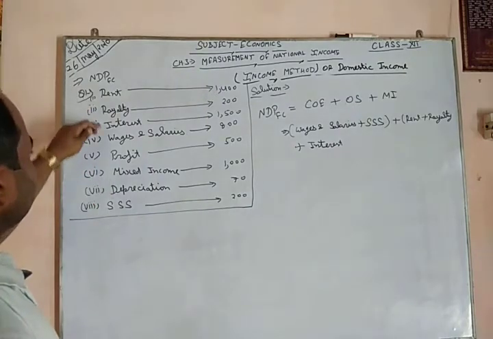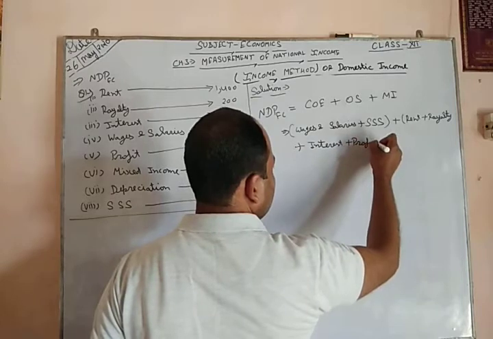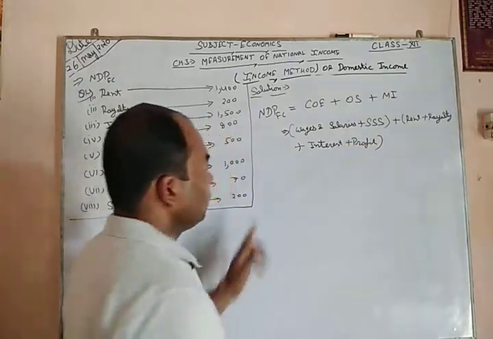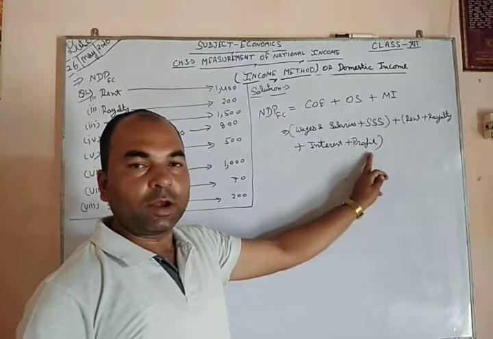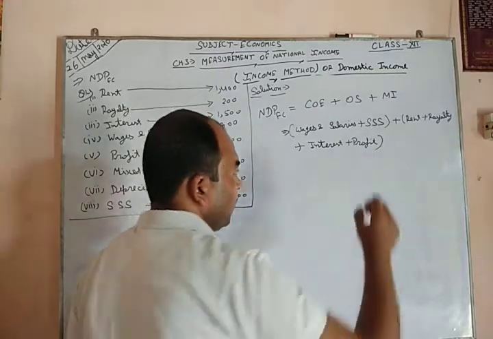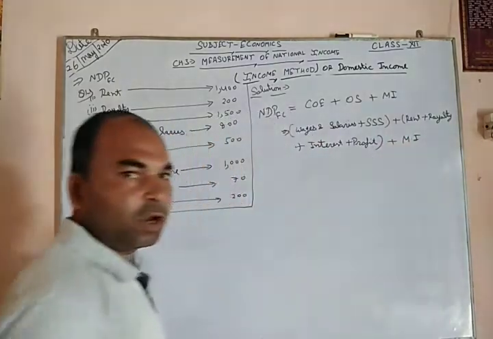Where is profit? Yes, profit also. This is COE, and rent, royalty plus interest plus profit, it is operating surplus, and last one is mixed income. I hope it is clear to students.